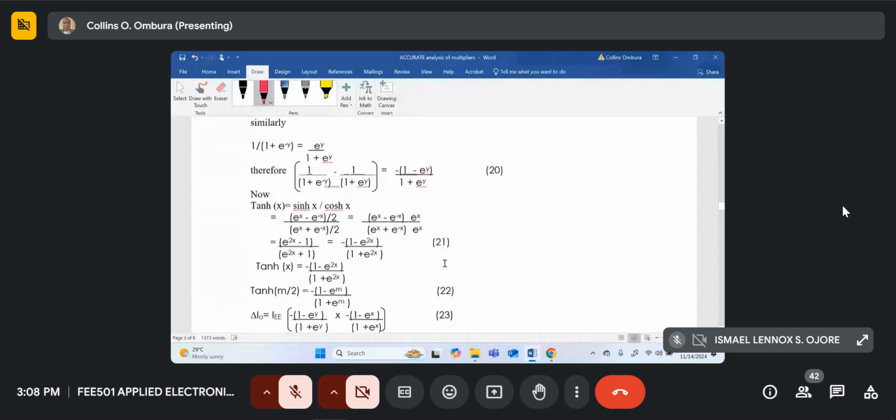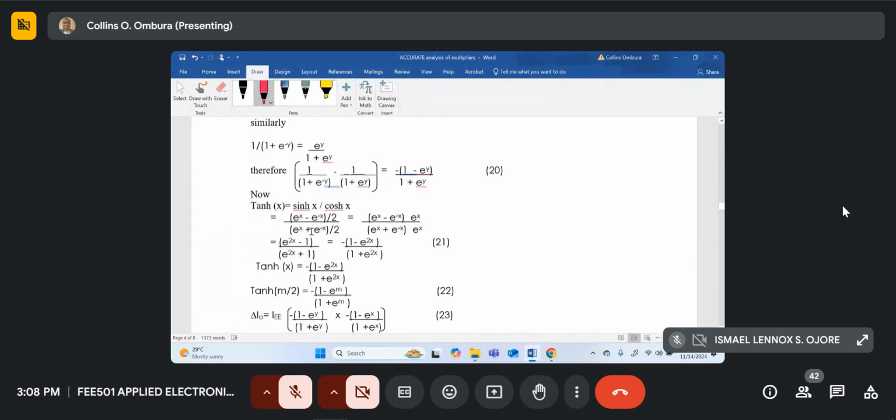But now, let's consider tan hyperbolic x. Now, tan hyperbolic x is defined as sine hyperbolic x divided by cos hyperbolic x. But we know that sine hyperbolic x is e to the x minus e to the minus x divided by 2, and cos hyperbolic x is e to the x plus e to the minus x divided by 2.